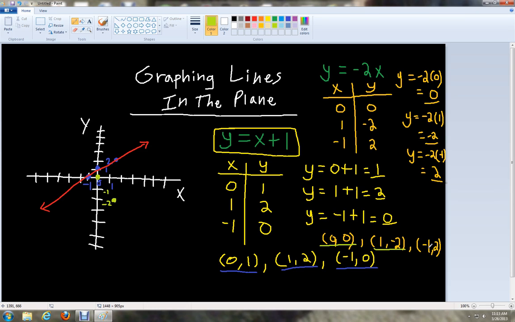Our last point is negative 1, 2, so we go 1 to the left for x, and then up 2 for y.